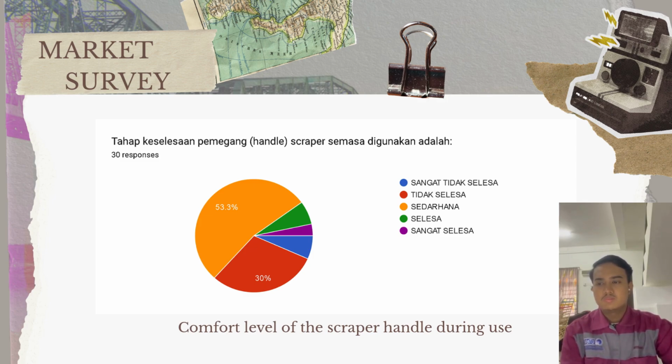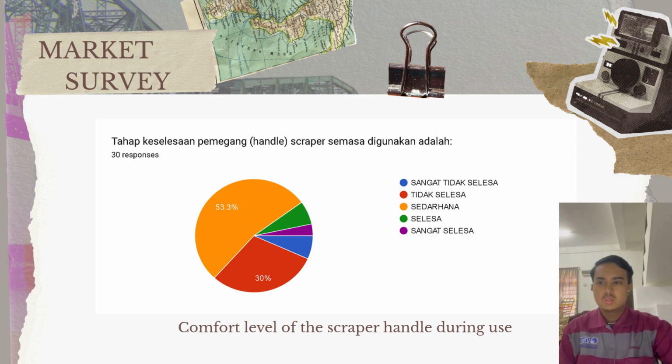Based on the first pie chart, more than half of the respondents, 53.3%, rate the comfort of the scraper handle as moderate. Meanwhile, 30% of respondents felt that the handle was uncomfortable.